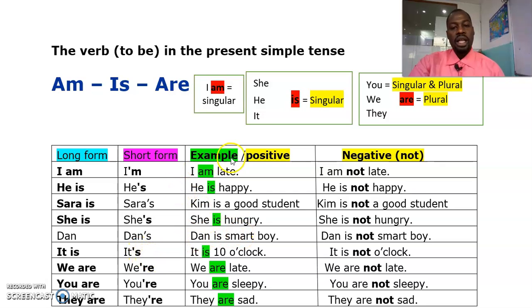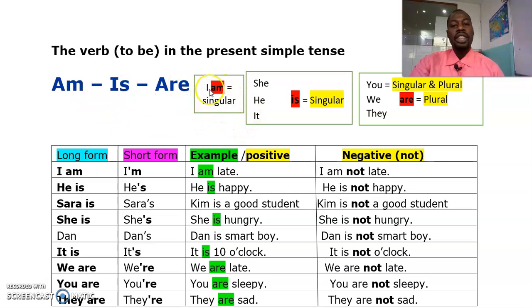So I will be very happy if you are able to watch this video and learn and differentiate between the subjects and the verbs. So I would like to wrap up this lesson.